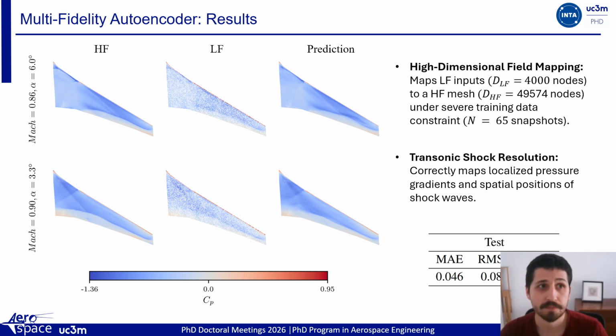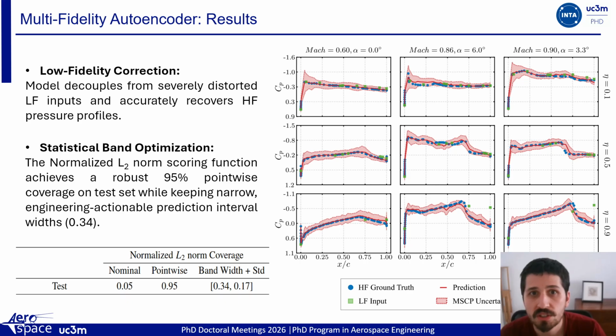On this graph, we show the uncertainty bounds provided by our conformal prediction framework across different sections of the wing. We can see that the model reconstructs the high fidelity data accurately, and even in regions where the prediction does not perfectly overlap with the true data, the discrepancies are still well captured within the uncertainty bounds.